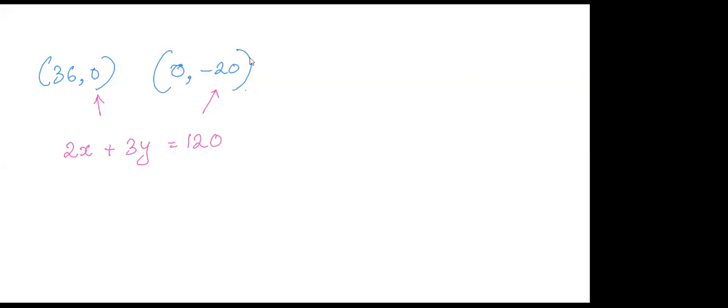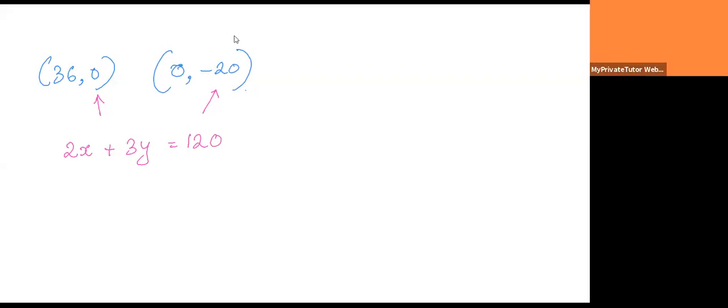What is the x and y intercept of this question, guys? At x equals 0, the y-intercept would be 3y equals 120, y equals 40, right? So 0, 40. I hope you can see my writing.